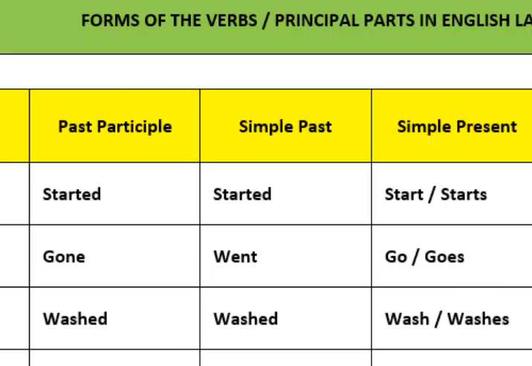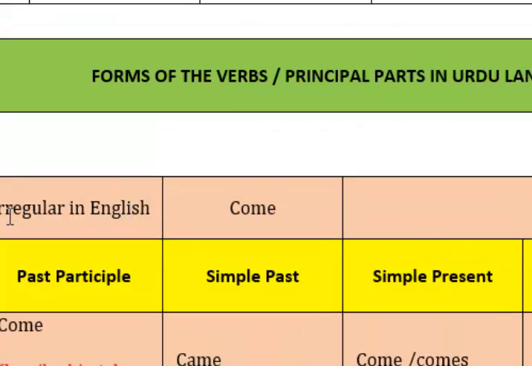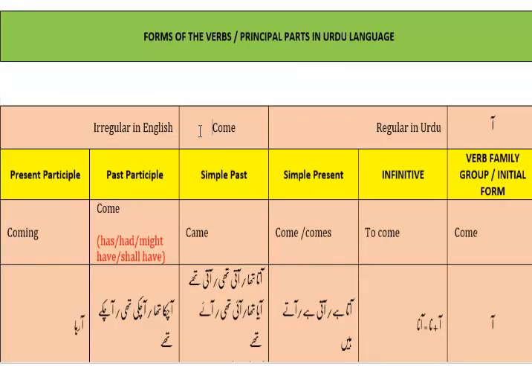A similar rule we can draw for Urdu language. For example, if we take the verb come in English, come, came, come, this is an irregular verb in English, whereas it is a regular verb in Urdu. So the verbs which are regular or irregular in English, it is not necessary that they will behave similarly in Urdu language.